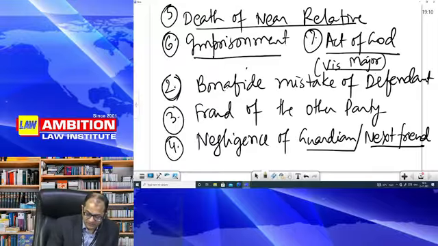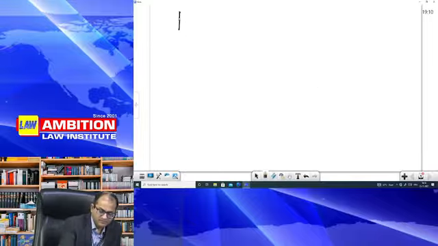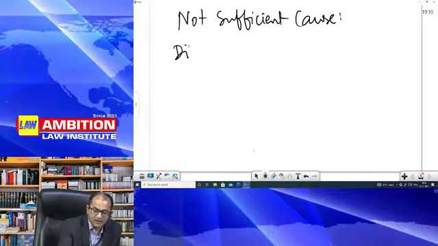What is not sufficient cause? Not sufficient cause. This is clear? On this point you can write down dilatory tactics.